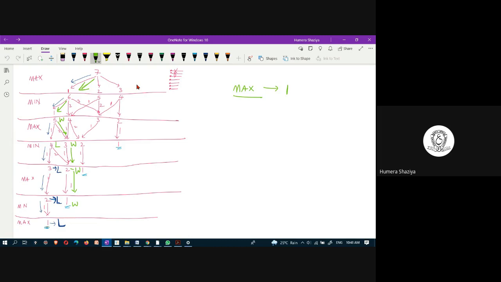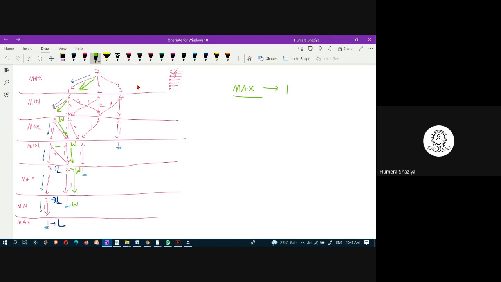What you all do now: create a complete game tree for Min, in which Min plays first. And then you are supposed to label every node with either win or lose. Then you will understand. If not, then I am here only. We will be here in the class. You stay, don't leave.